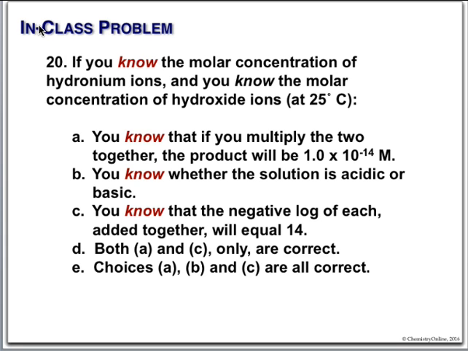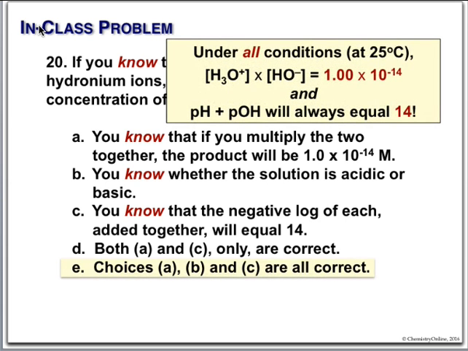We know that the negative log of each, that's the pH or pOH, will add up to 14. Remember, under all conditions, hydronium times hydroxide is 10 to the minus 14. Under all conditions, pH and pOH will equal 14. Negative log is the same thing as pH, pOH. And finally, if we know what pH and pOH are, we know if the solution is acidic or basic.